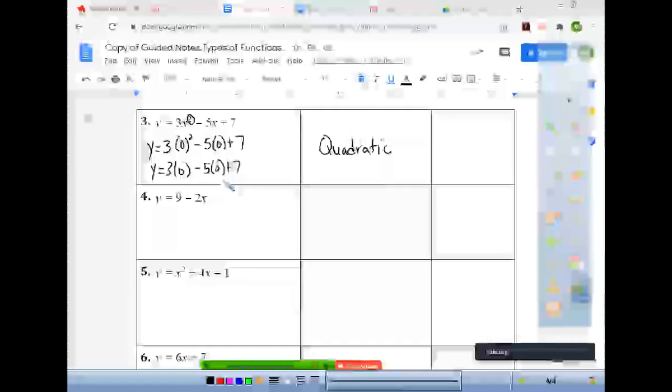If it had been an exponent of 0, then I would have said, yeah, 1 works. All right, so then we're going to do some multiplying. We got 3 times 0. 0. 5 times 0. And then we'll go 0 minus 0 is 0. And 0 plus 7? 7. So my y-intercept for this quadratic is 0, 7.